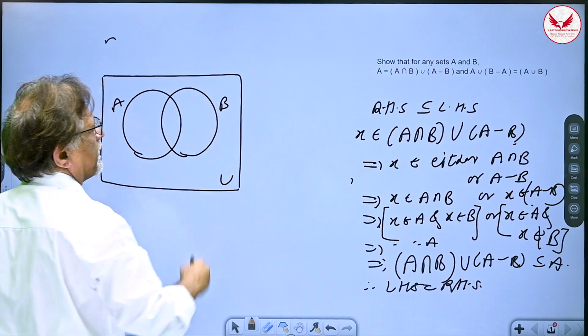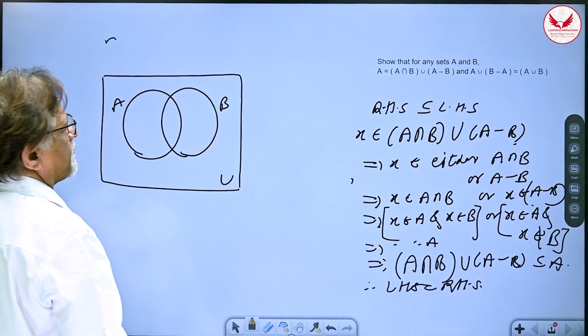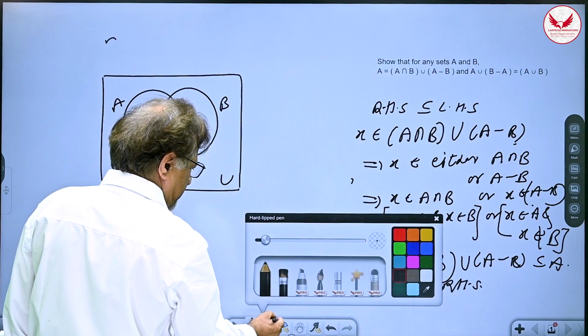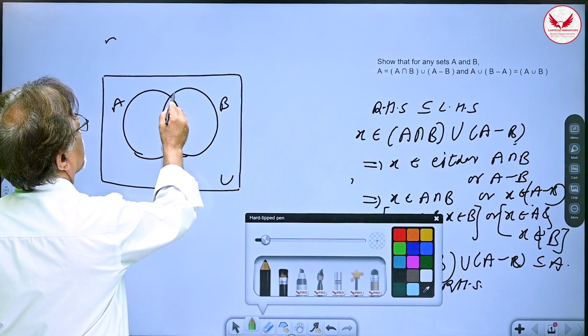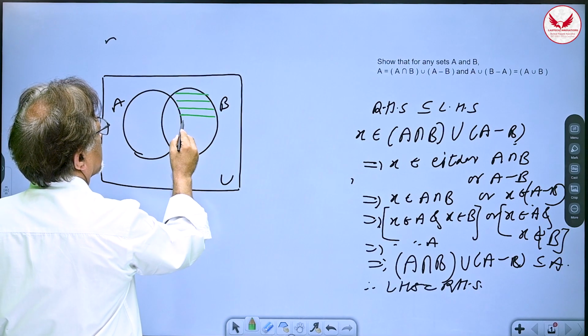Now what is being said here? That A union B minus A. Now B minus A will be this set, because these are the elements which are in B, right?